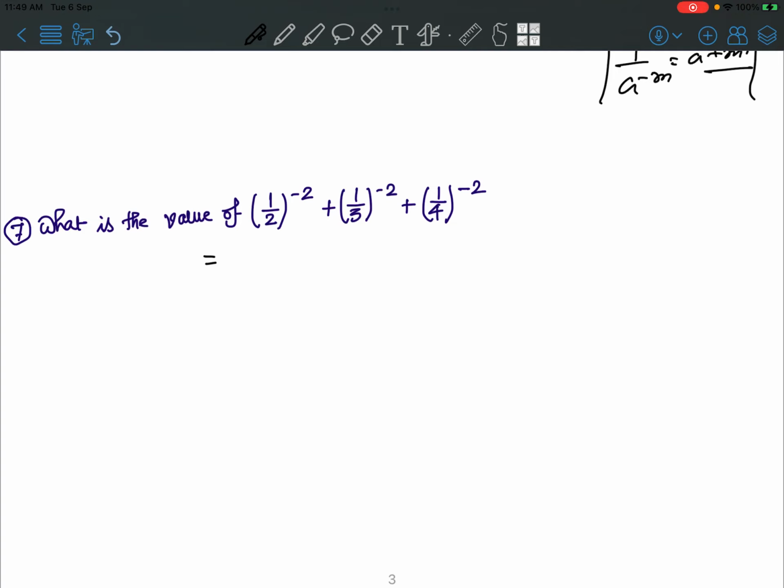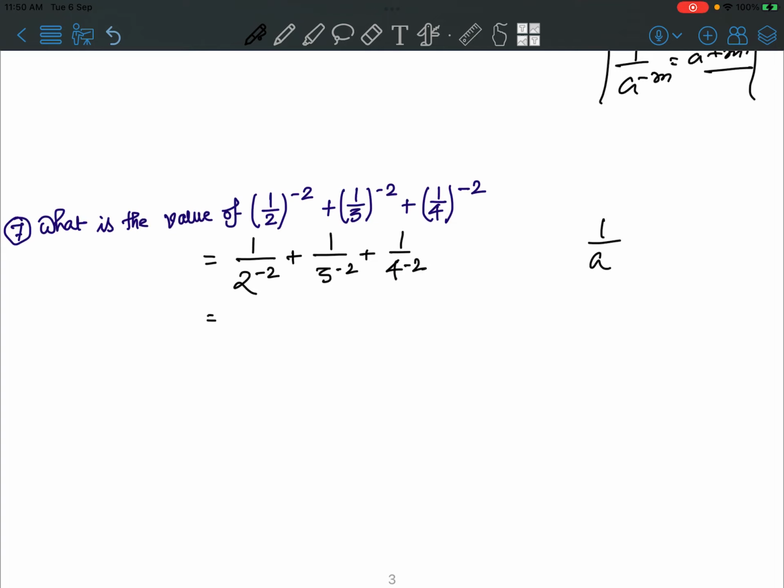We can write 1 by half to the power minus 2 as 2 to the power 2, 1 by 3 to the power minus 2, and 1 by 4 to the power minus 2.